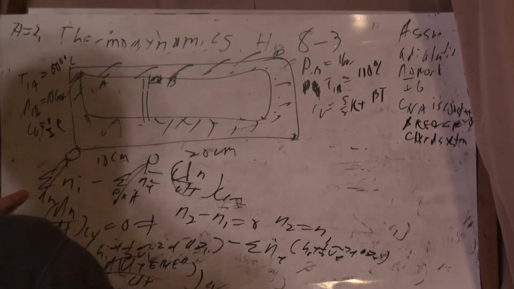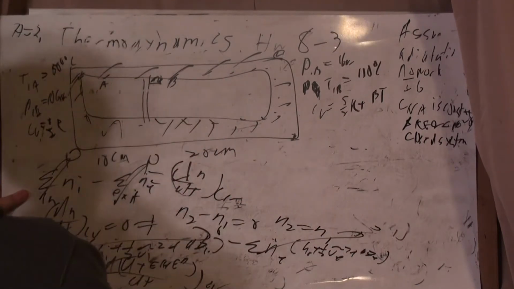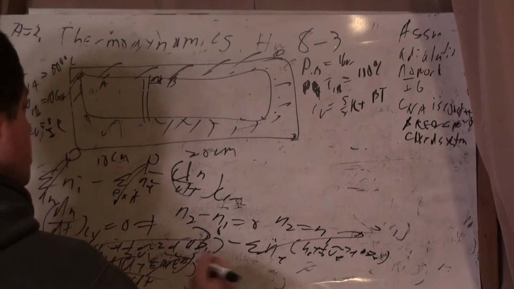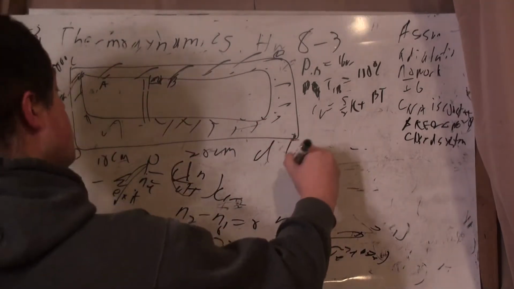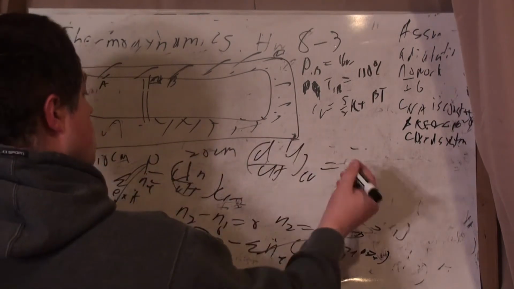Alright. So, nothing coming in, nothing coming out. No heat, no work, no kinetic energy, no potential energy. We have dU/dt of the control volume equals 0.